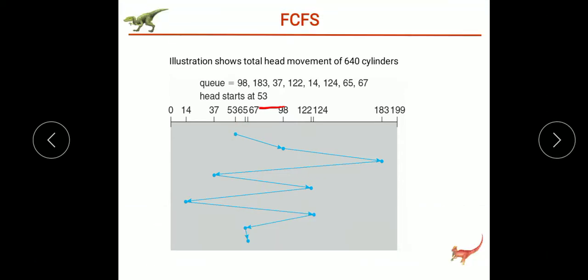Even though 65 and 67 are very near to 53, it does not serve 65 and 67 first, but serves 98. Then from 98 it serves 183, then it comes back to 37. So there is a drastic change in the movement of the read-write head.